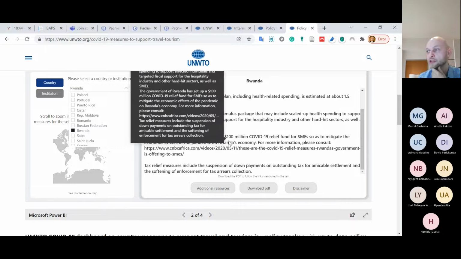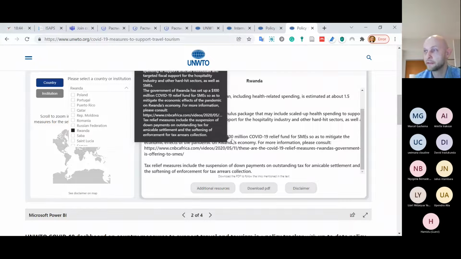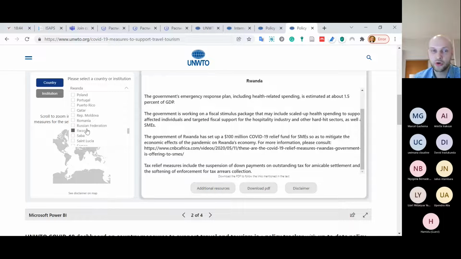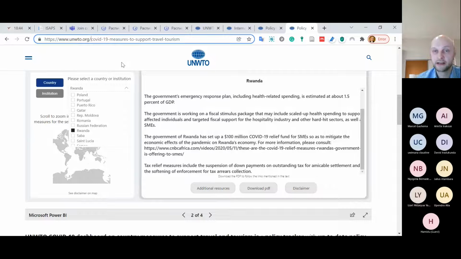Set up 100 million COVID relief fund. Okay. So the link is here. So if you are interested in tourism and impacts on the tourism and the way how the governments are supporting the tourism during pandemic, you can visit this website, choose your country or the country that you would like to inspect or would like to compare.